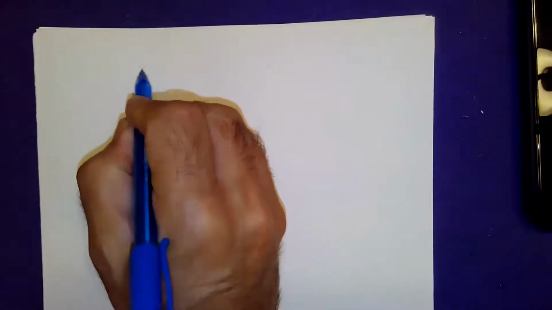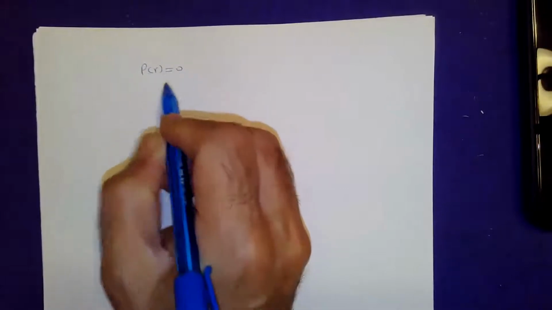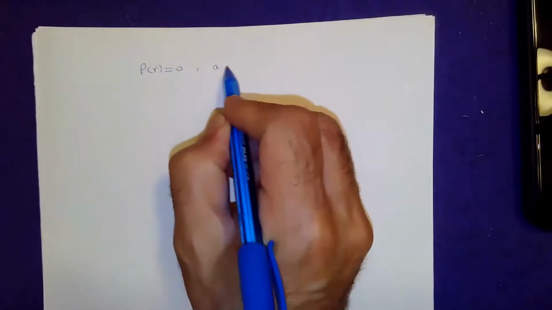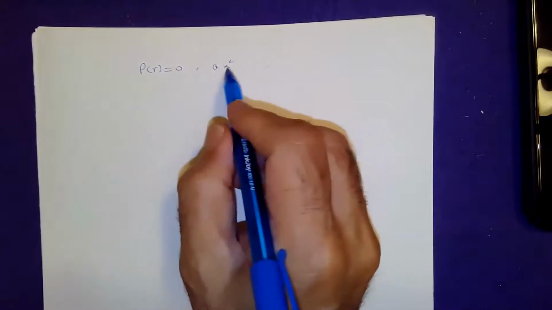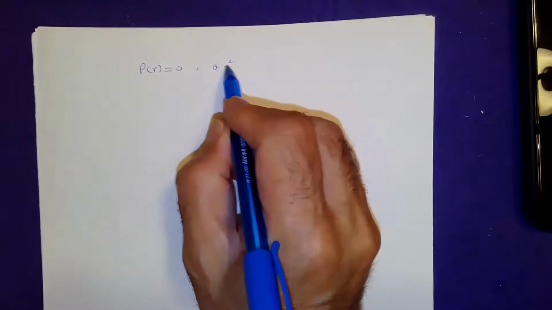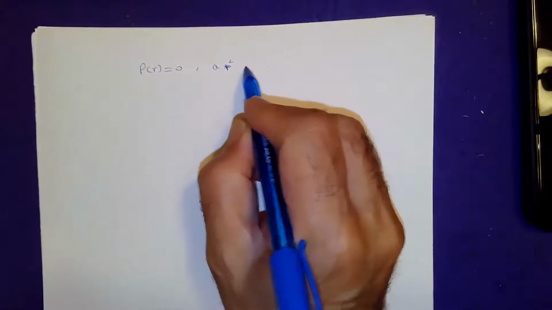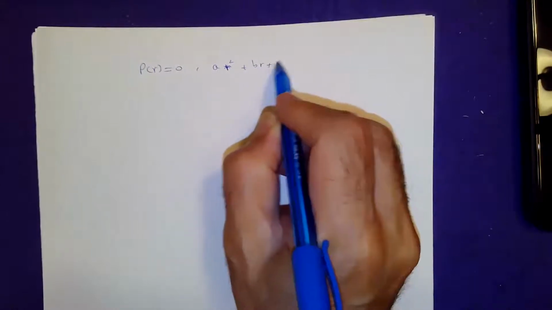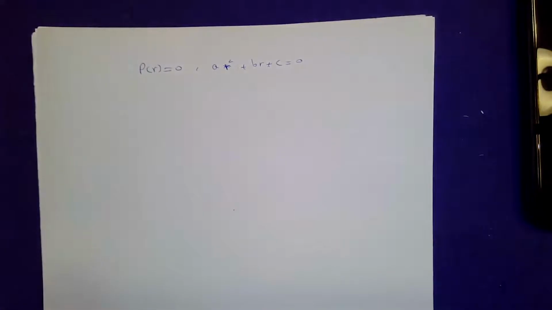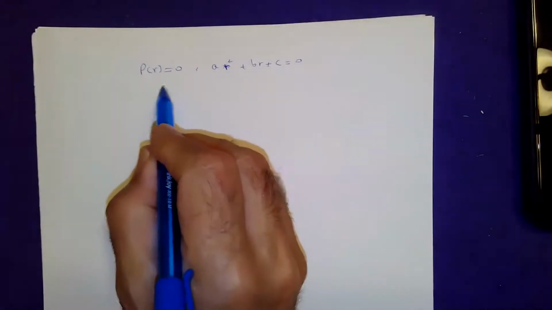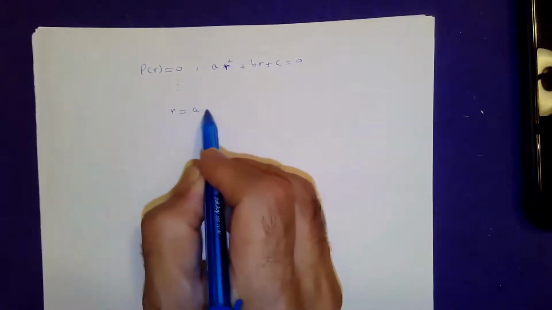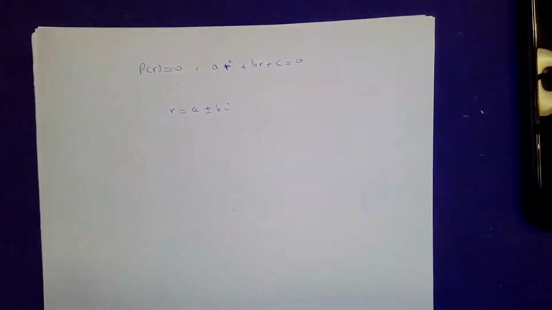Also, last time, I don't know if I did it. I think I did it, but I'm not sure. The question is, when you solve the auxiliary polynomial, let's say we're dealing with a second order differential equation, and the auxiliary polynomial gave you complex solutions.